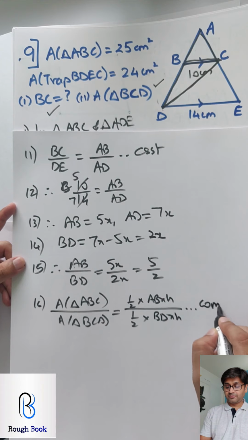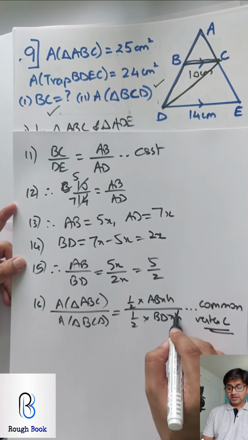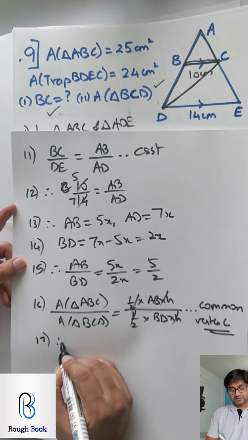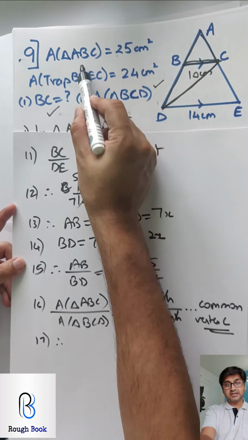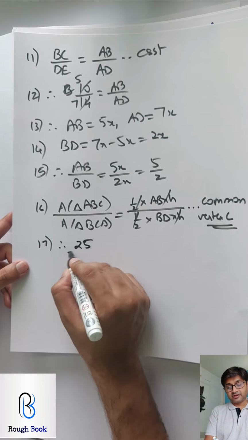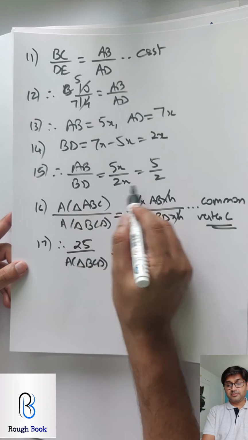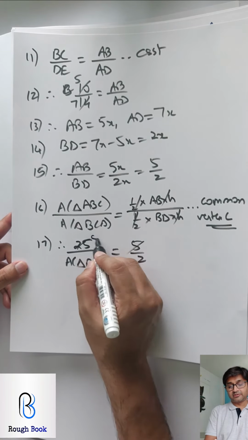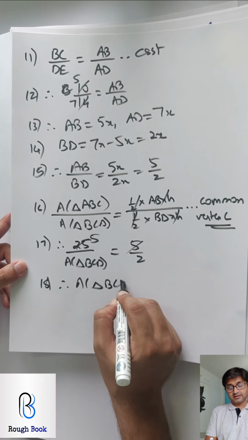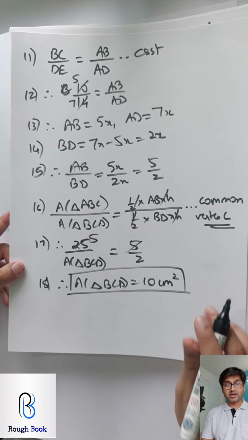Again you will say common vertex C cancels, AB upon BD already known to us, so therefore now ABC is 25, so let us substitute that. So 25 upon BCD is equal to AB upon BD as 5 by 2. Cross multiply, area of triangle BCD becomes 10 centimeter square.